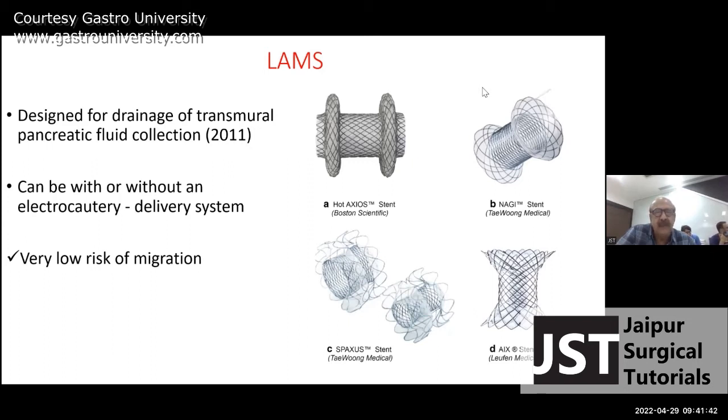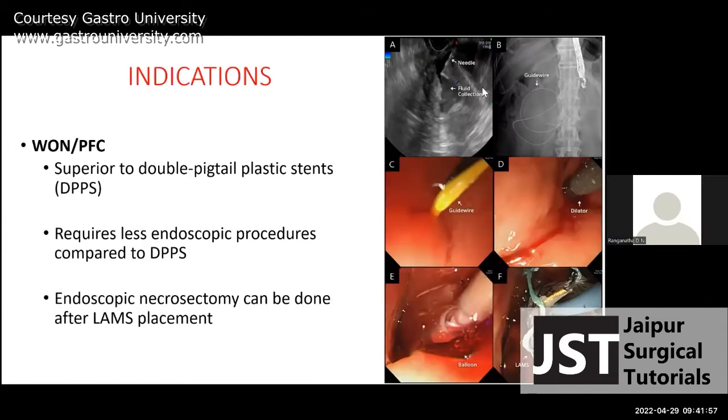Again, the procedure is a little similar, but to shortcut the procedure time, we have the cautery system combined with the stenting. We can use it with an ERCP or EUS scope, so we can drain WON and PFC.